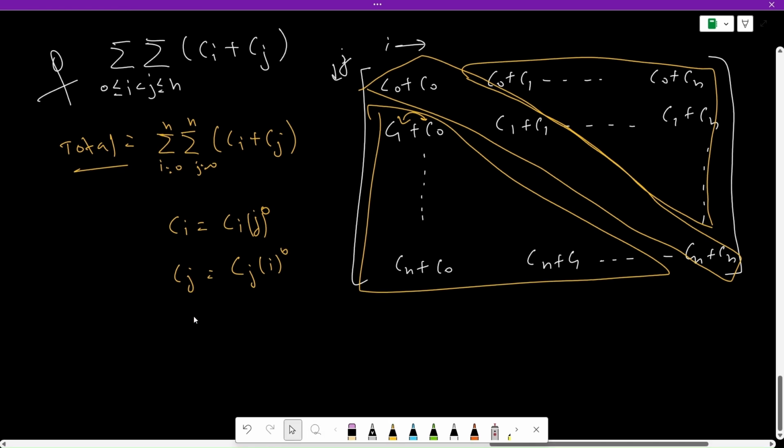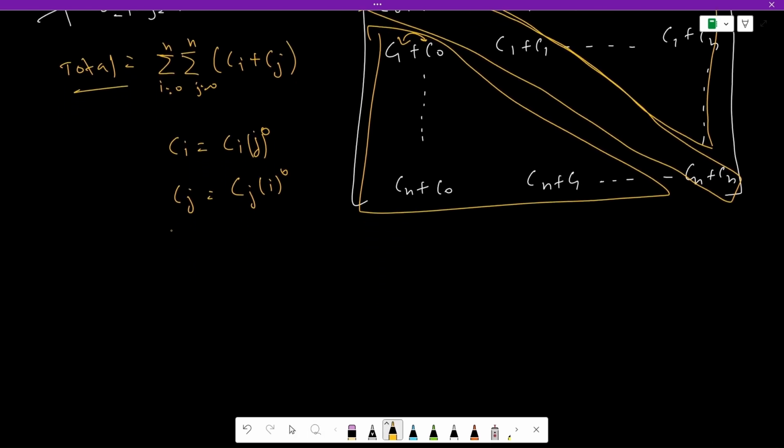So what we can do is split this double sigma. Let me write it, then you will understand. It is double summation ci plus double summation cj, and this will be i equal to 0 to n, j equal to 0 to n.